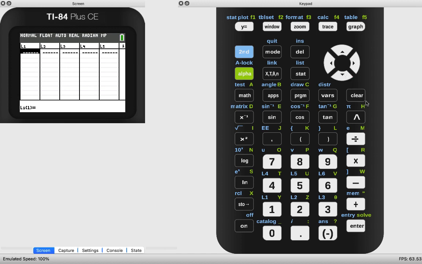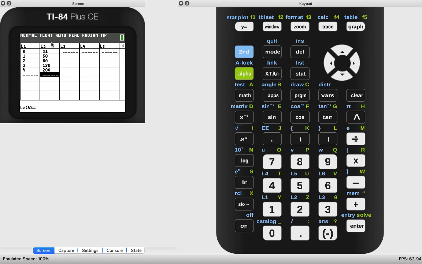Okay, in L1 we're going to put our number of years, so that's 0 through 4. And in L2 we're going to put our trout population. Always do a quick double check to make sure your data looks exactly as it does on your page.